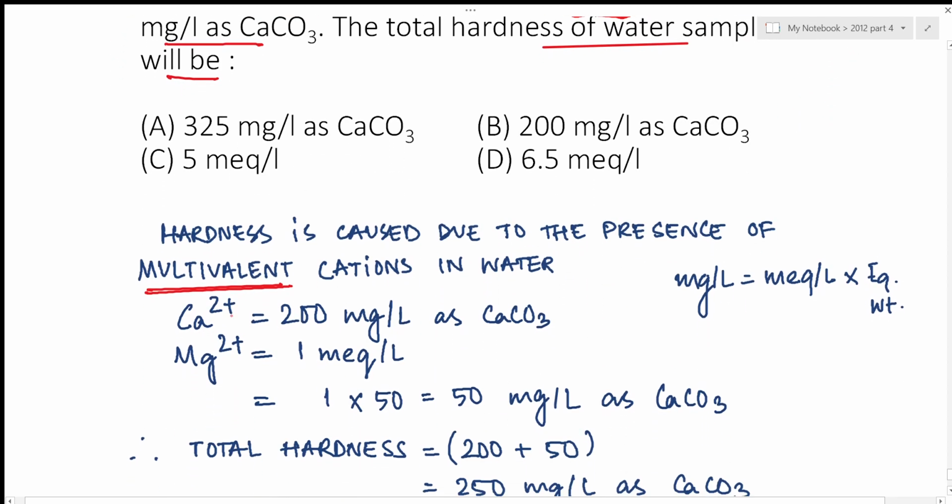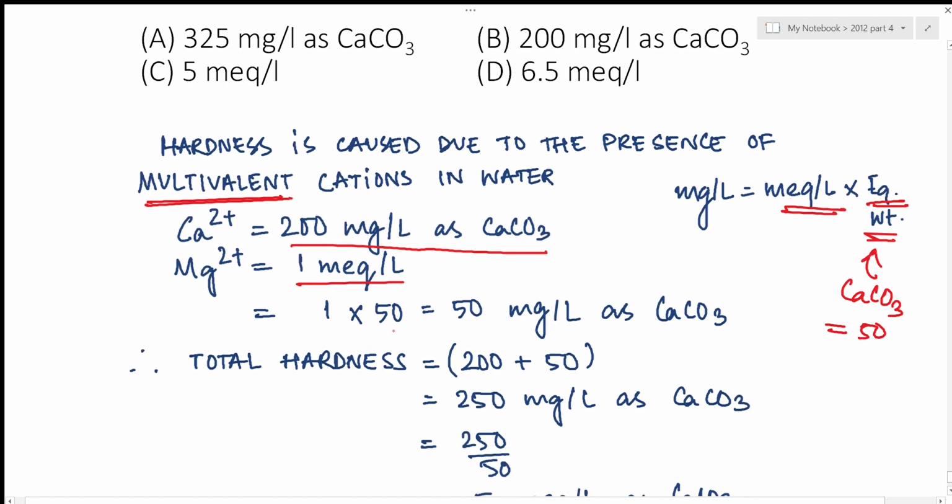The parts that are required are for calcium as well as magnesium. Now calcium is given as 200 milligram per liter as CaCO3, and magnesium is given as 1 milli equivalent per liter. Now to convert 1 milli equivalent to milligram per liter, you just need to multiply it with the equivalent weight of CaCO3, which is 50. So 1 milli equivalent into 50 comes out to be 50 milligram per liter as CaCO3.